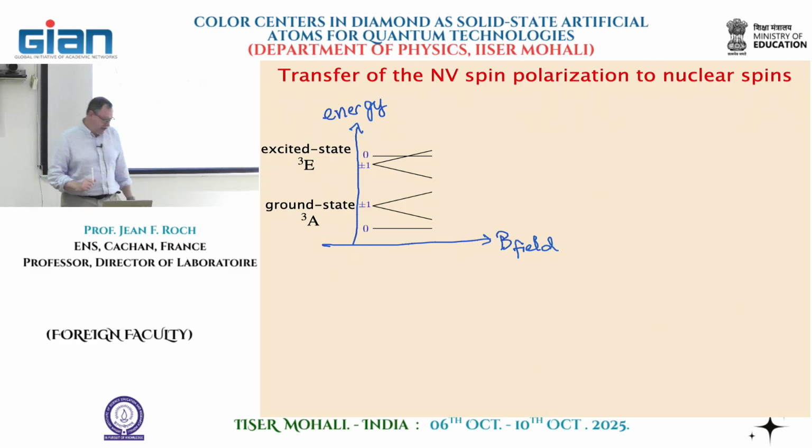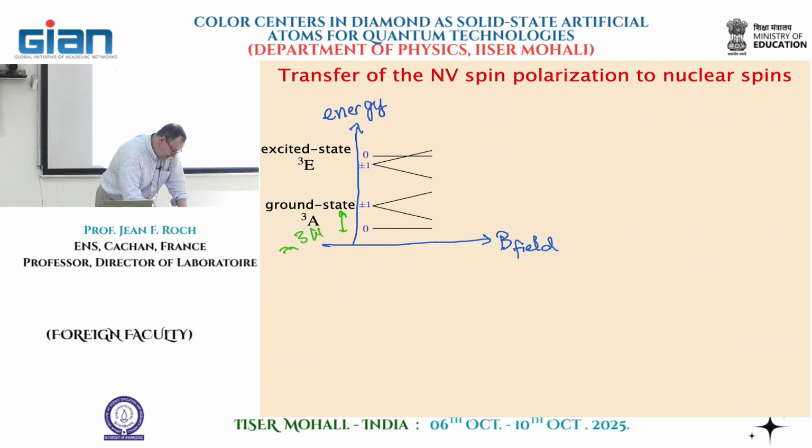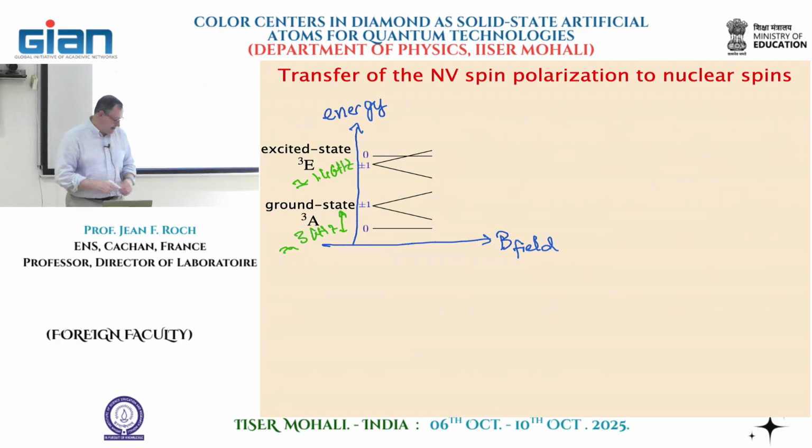So what I have here is a dependence, and as I mentioned before, here we have a difference of about 3 gigahertz, and here we have a difference of about 1.4 gigahertz. For some reason, the MS equal plus minus 1 levels in the excited state are lower in energy than the MS equal 0 state, but that's not so important.